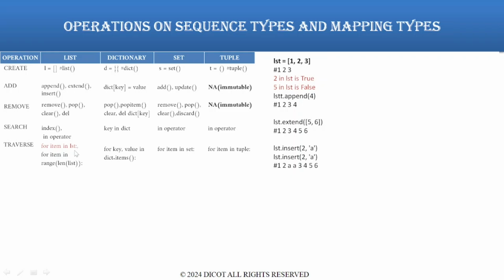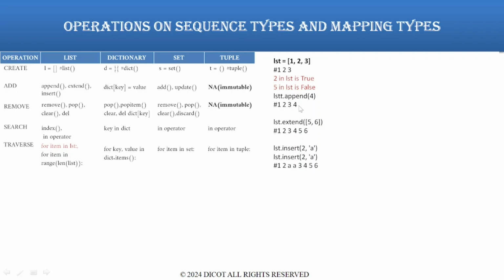Now, let us see some examples on how to perform these operations on a list. Let us assume we have a list LST with values 1, 2, 3. So, when we print, it will be 1, 2, 3. If we append 4, append will happen at the end of the list.